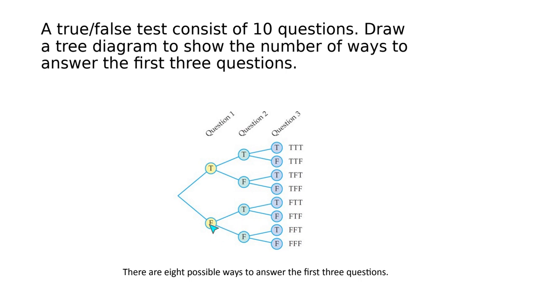Or they could have started with false: true, true; false, true, false; false, false, true; or false, false, false. So these are all the possible outcomes on how they could have answered those 3 questions. So there's 1, 2, 3, 4, 5, 6, 7, 8 possible outcomes. Okay, so this is using a tree diagram.